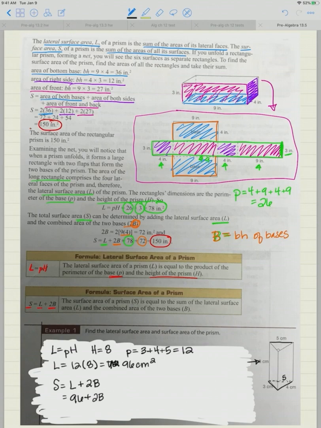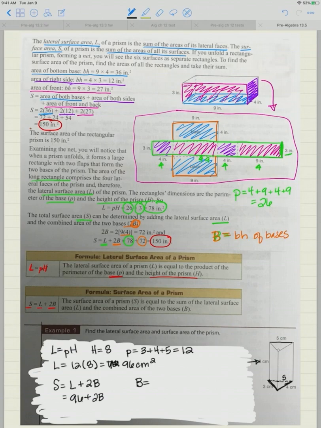Big B, in this case, is the area of the triangle, 1/2 base times height. Take a look at the base triangles: we have 3, 4, and 5.